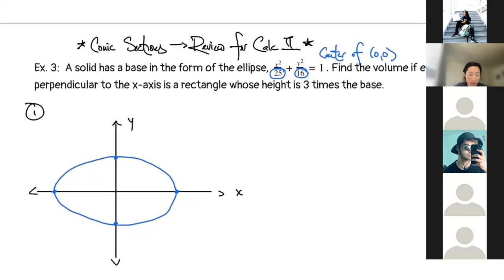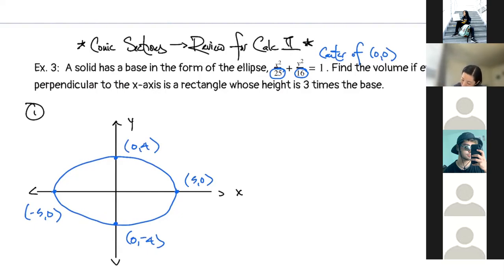But now that we have our diagram, maybe we should list these points: (5, 0), (0, -4), (0, 4), and (-5, 0). Which way, according to the question, do we want to draw our purple lines? Yeah, we want to draw these vertically, okay?